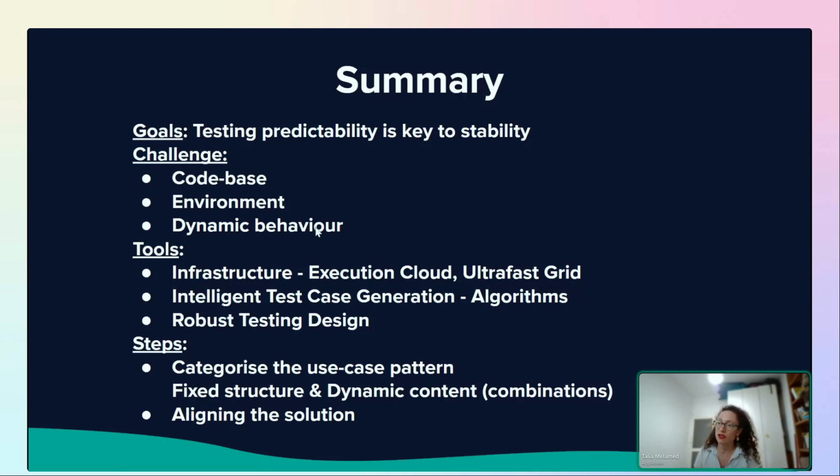We looked at and addressed the different challenges with different solutions. We talked about infrastructural tools, the execution cloud, and the ultra-fast grid to deal with broken locators, and also to address cross-browser testing and cross-viewport size testing.